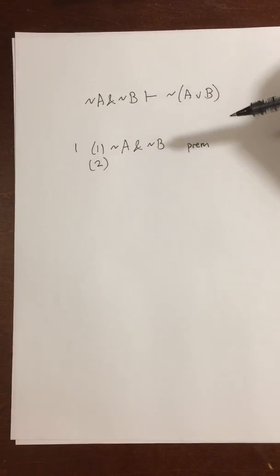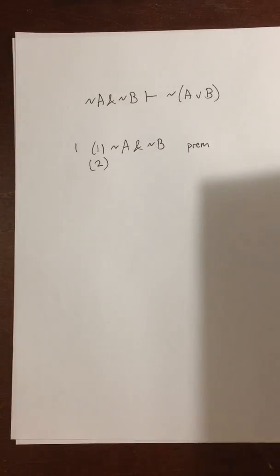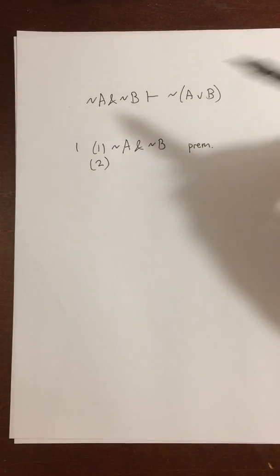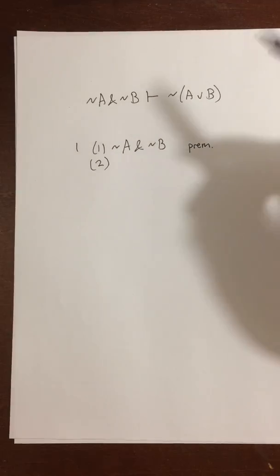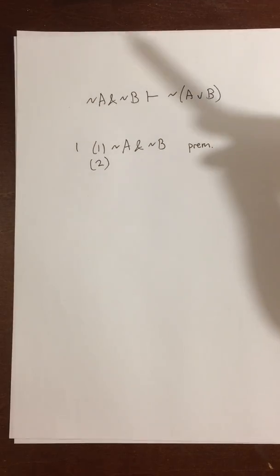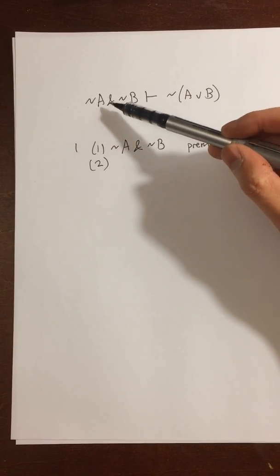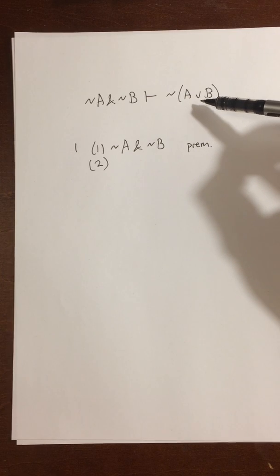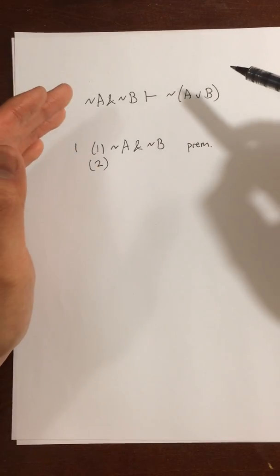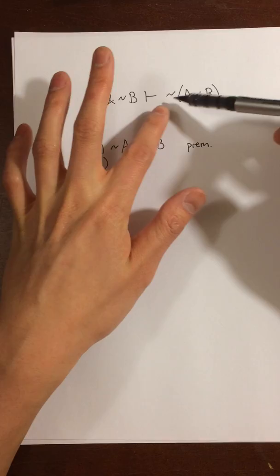Those are pretty easy to work with because the rule of conjunction elimination allows you to pull out either conjunct. You can do so right now, or you can wait. Usually, I like to make my assumptions in the beginning and then work from there. As you can see, we're trying to go from a conjunction to a disjunction. Which means we can't pull it out of the premises. I'm sorry, we're going from a conjunction to a negated disjunction.